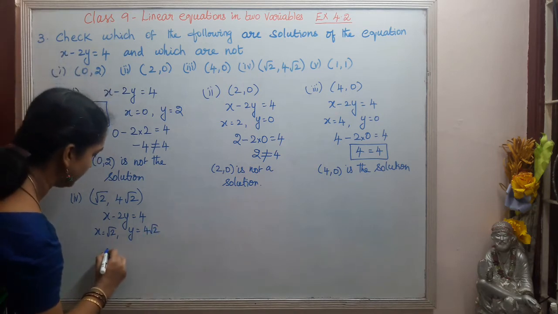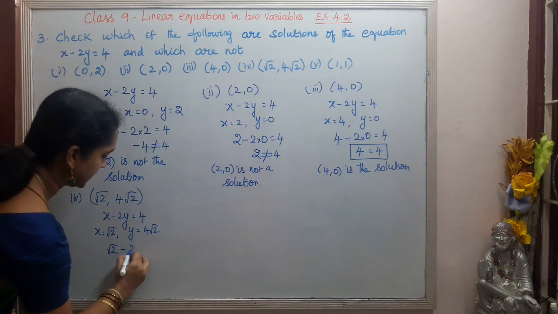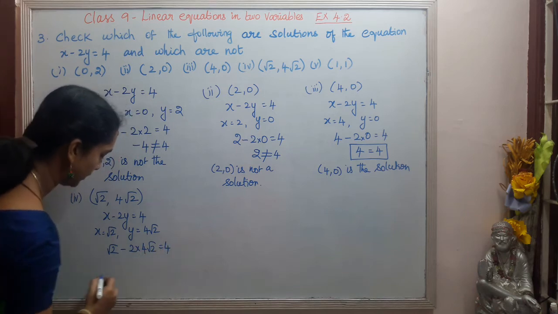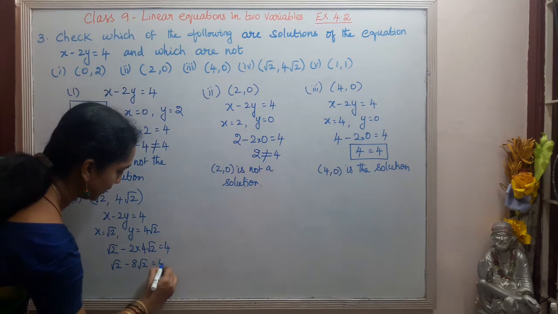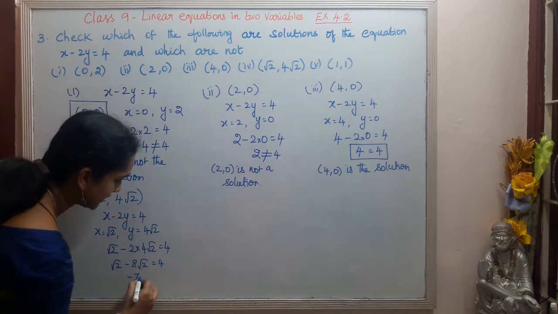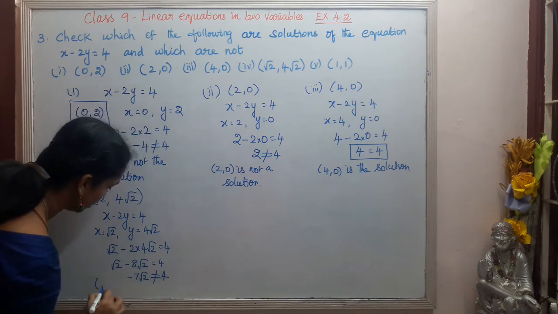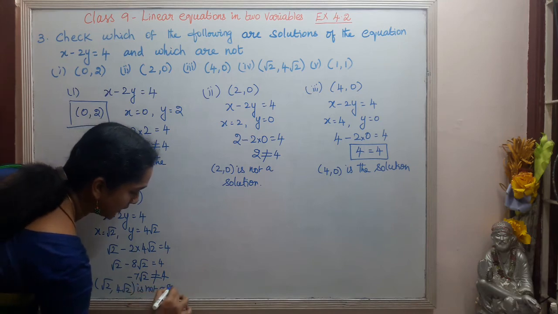When we substitute here, root 2 minus 2 into 4 root 2 is equal to 4. So root 2 minus 8 root 2 is equal to 4. So we get minus 7 root 2 is not equal to 4. So root 2, 4 root 2 is not a solution.